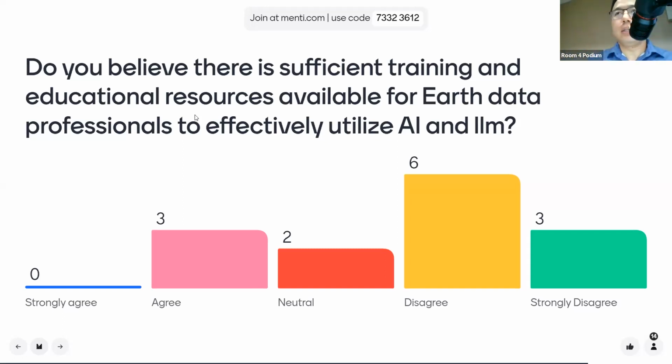I searched a lot for how to build this kind of AI for Earth data science professionals in plain language, so people without a technical background can understand it, and maybe do some low-code practice. I didn't find many useful tutorials on that. Yeah, that's also my answer actually.